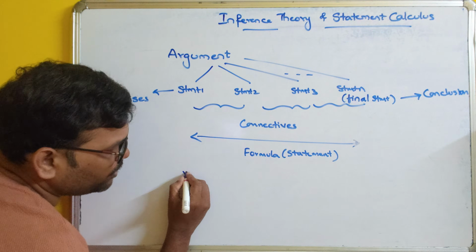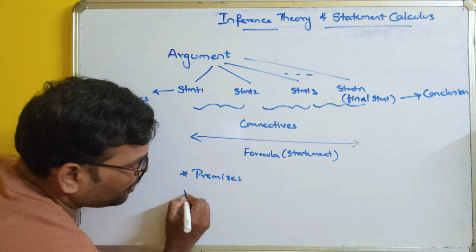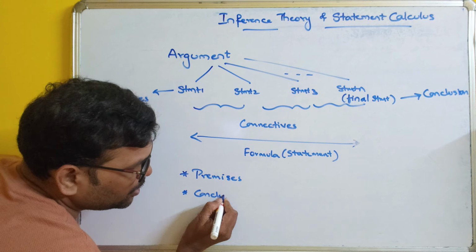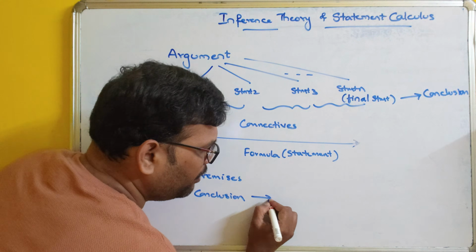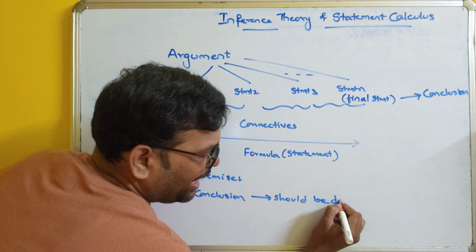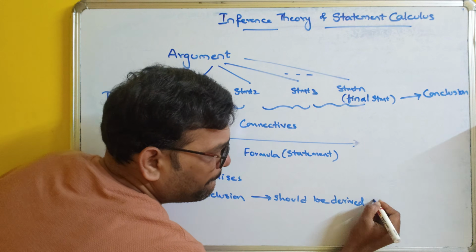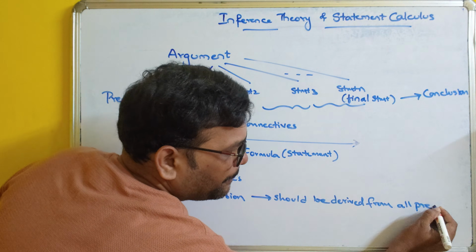So two terms we have seen, one is premises, another one is conclusion, right? This conclusion should be derived from all the premises.